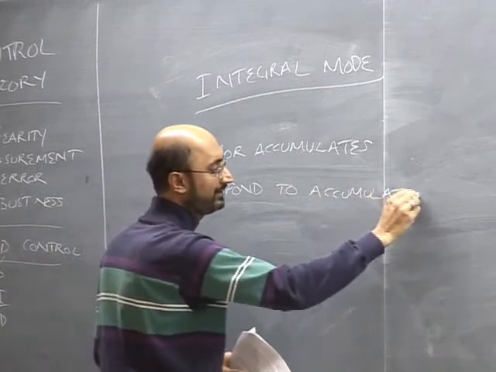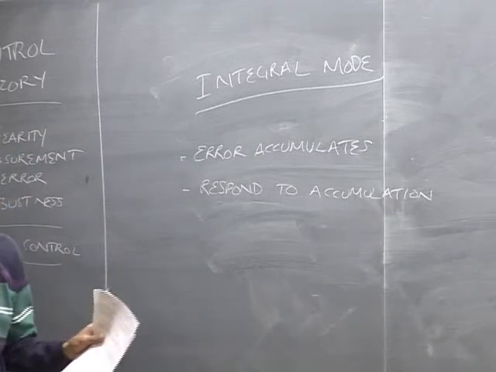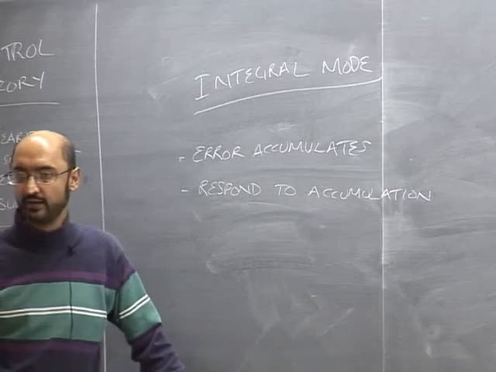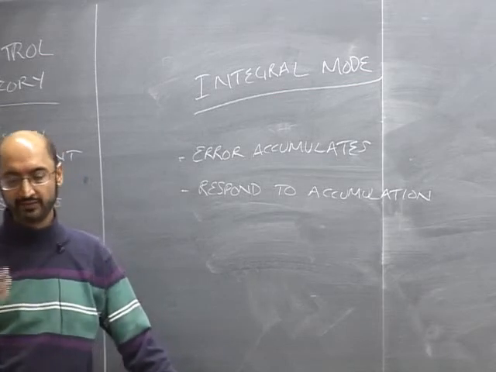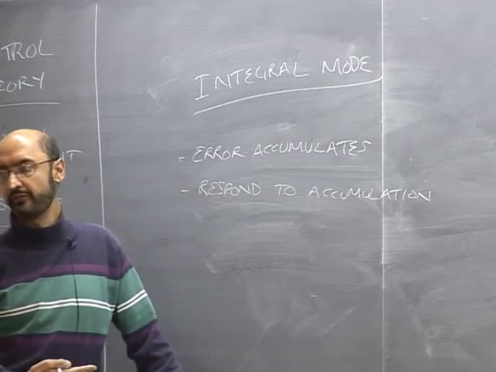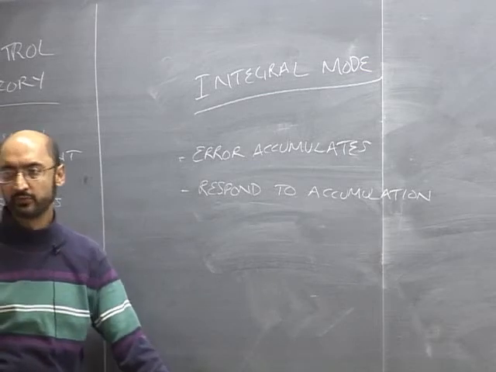So you're interested not as much in the current value, but in what happened over time, because it could be that you're doing some kind of sampling of the error. You're not getting it instantaneously. You sample it, and at that moment the error was low, okay? But for some reason, the accumulated error was high, and so you want to respond to accumulated error.